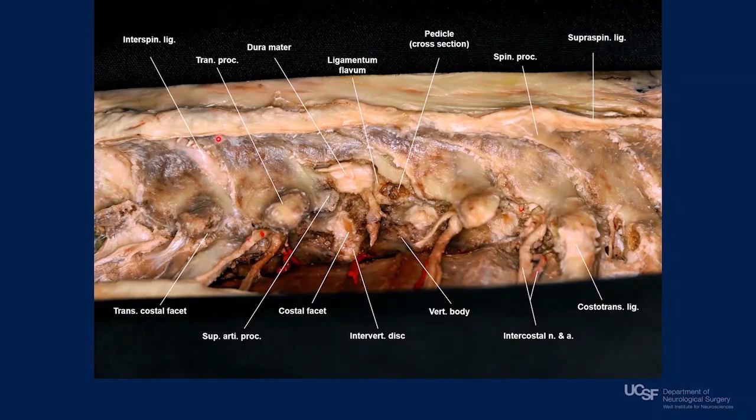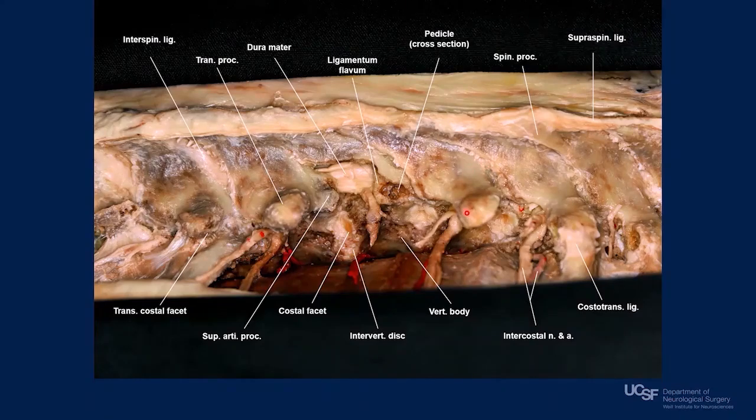We can identify the spinous processes that have a vertical projection, and the laminae of this right side with a very, very small space between the laminae.